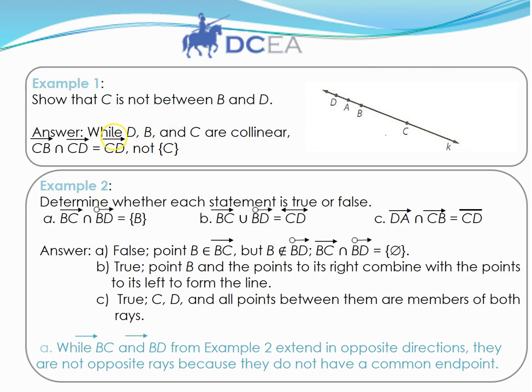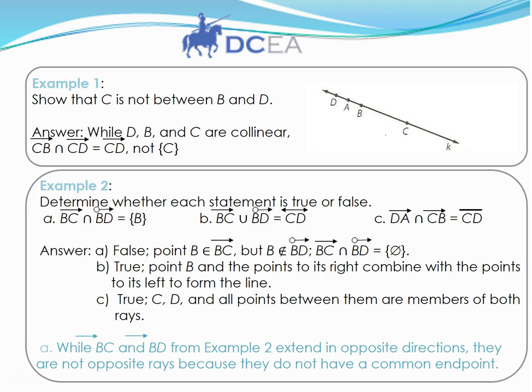Well, though D, B, and C are collinear, ray CB in intersection with ray CD equals the ray CD, not point C. So before, when we were doing the point in between, the answer was the actual endpoint in between the rays.